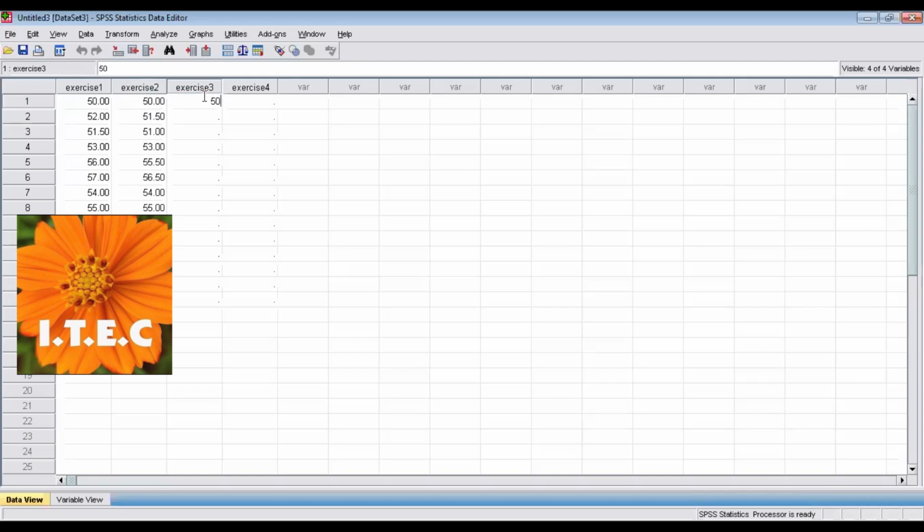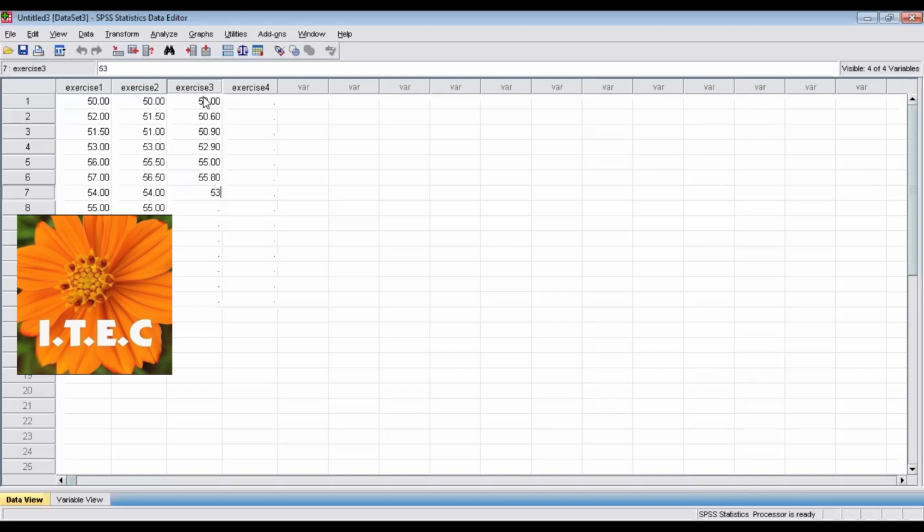It might be 50 here. It might be 50.6 here. It might be 50.9 here. It might be 52.9 here. It might be 55 here. It might be 55.8 here.